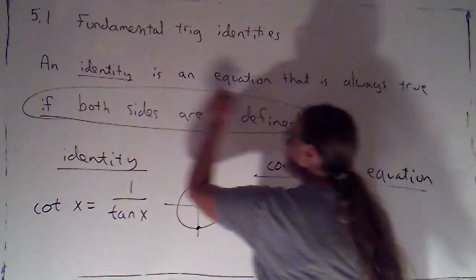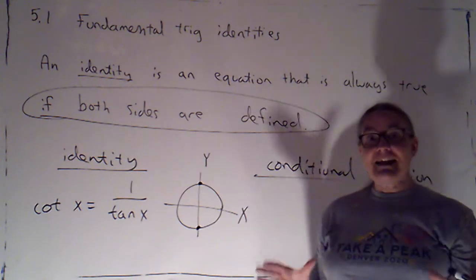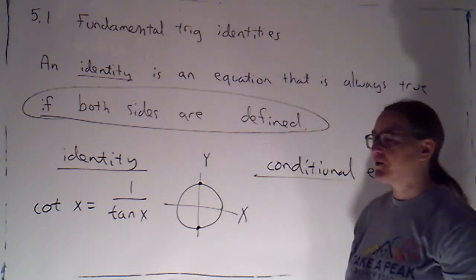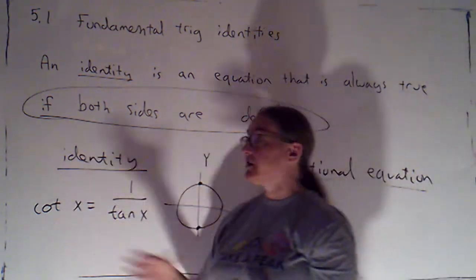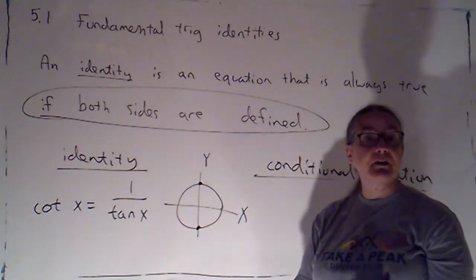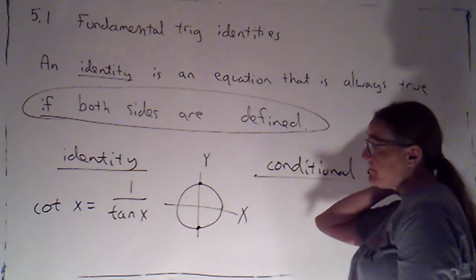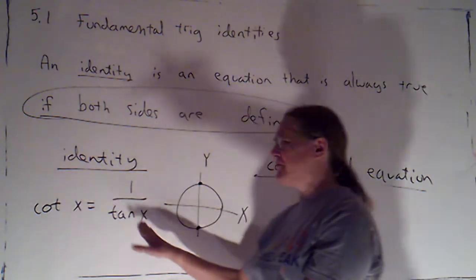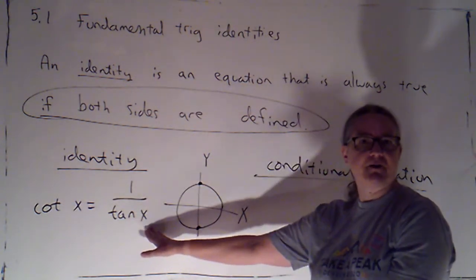So again, this caveat that an identity is something that's always true if both sides are defined is very important. But if tangent and cotangent are both defined, they are reciprocals of each other. And so that would be an example of an identity. And the value of that is that sometimes this might be simpler, just having one trig function rather than having the reciprocal of a trig function.